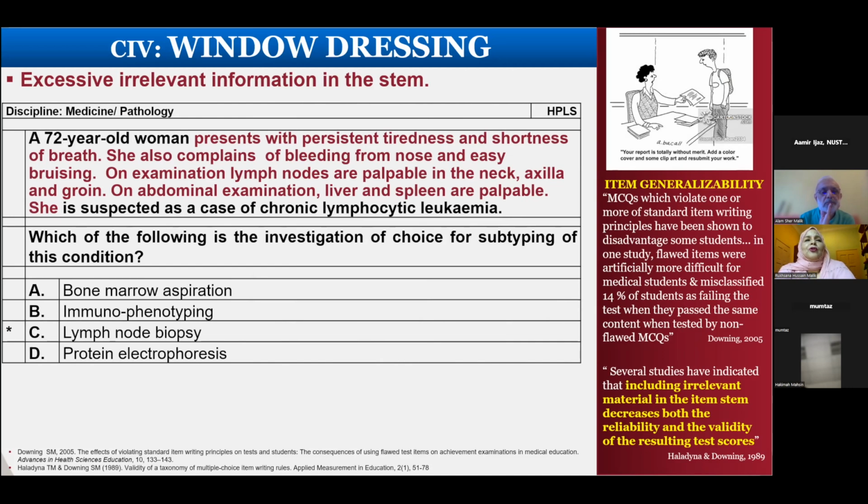So if we remove all those red areas and say a 72-year-old woman is suspected as a case of chronic lymphocytic leukemia, the other part which is identified in red is redundant. Because what we are asking is the investigation of choice for subtyping of the chronic lymphocytic leukemia.